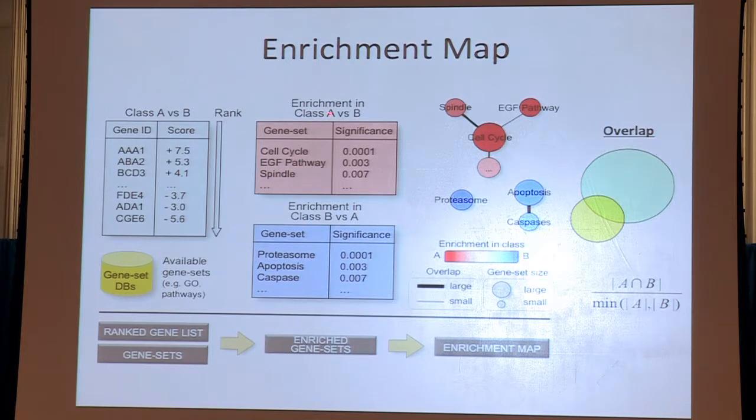Okay, so again, we start with this list of ranked genes. We run our GSEA or other enrichment analysis to find pathways that are enriched, and then the enrichment map comes in. As I said, each circle here in the map is a pathway. The size of the circle is proportional to the number of genes in the pathway, and the connections, the edges that link the nodes, are weighted based on the amount of overlap between the pathways. You can think of this as pathway crosstalk.